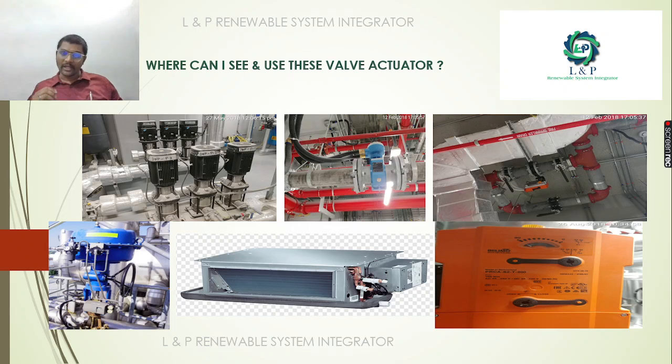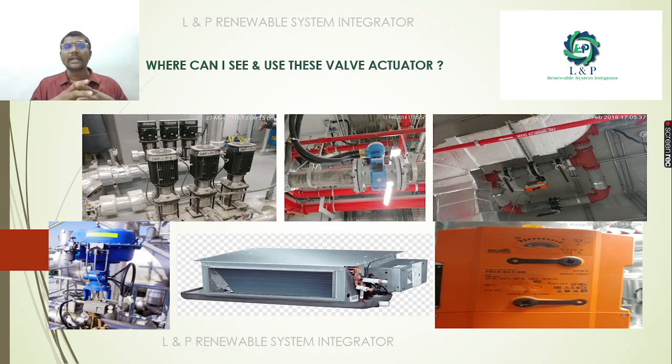For example, if the valve is already open and you give a 4 milliamp supply, the valve will immediately close. If you want it in between, you can give 12 milliamps, so that it will open only 50%. If you want to open it 100%, you can give a 20 milliamp supply. So it's the modulating type.